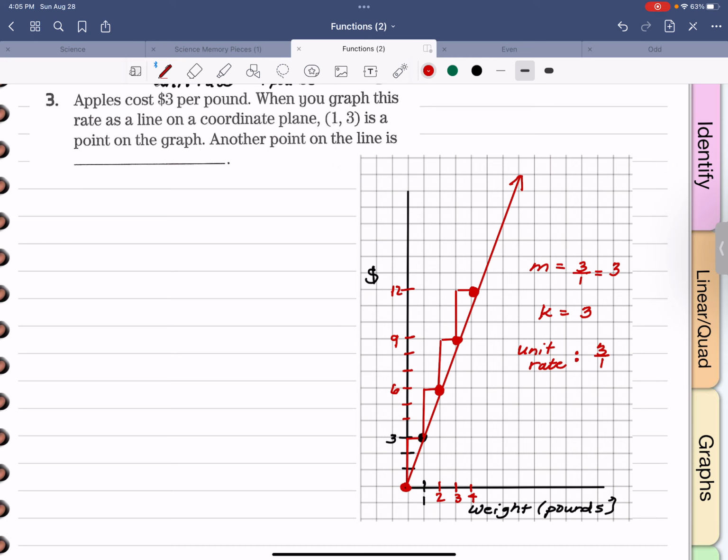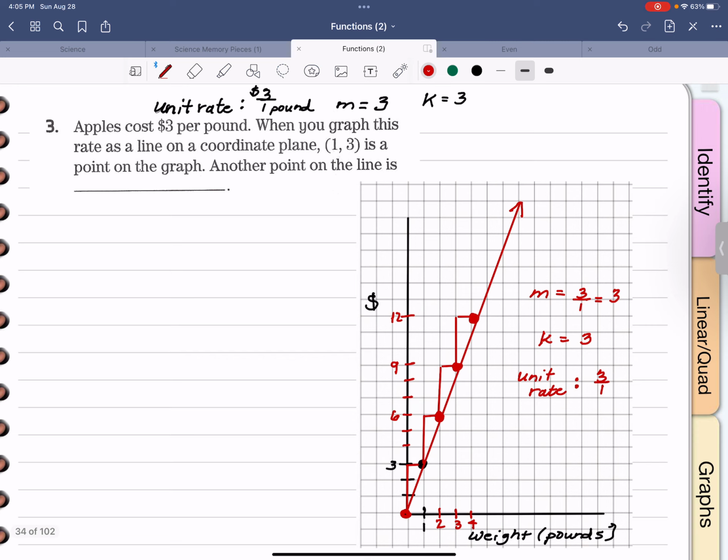Now the question is, we know that 1, 3 is a point on this graph, but what are some other points on this graph? Well, we plotted 2 pounds for $6. We plotted 3 pounds for $9, and we plotted 4 pounds for $12.